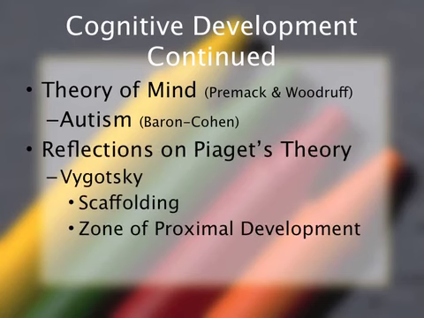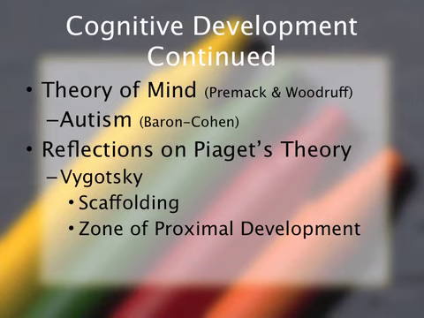So some reflections on all of this would be looking at one more cognitive theorist, Lev Vygotsky, who looked at a lot of work that Piaget did, and actually talked about the fact that part of this cognitive development seriously involves social interaction with others.